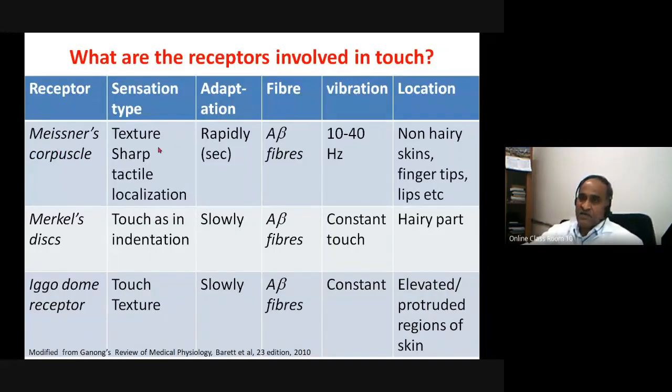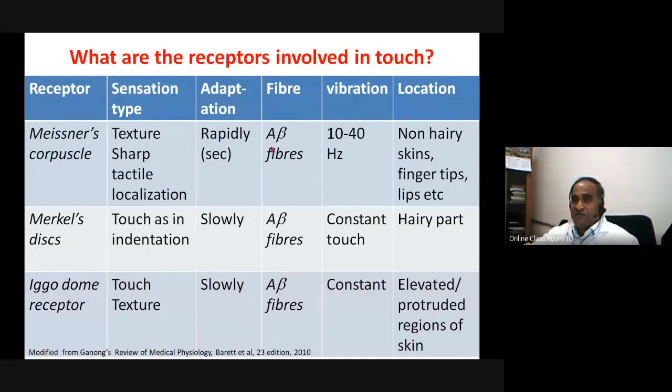Meissner's corpuscles detect texture, sharp tactile localization. And these are rapidly adapting, in seconds. They are carried by A beta fibers. Their conduction velocity is around 50 meters per second, plus or minus 20.